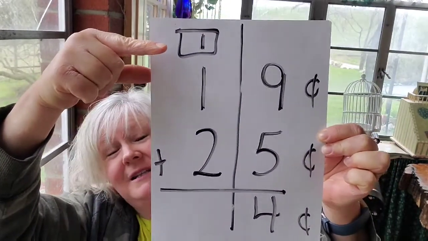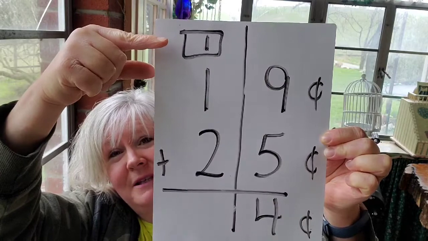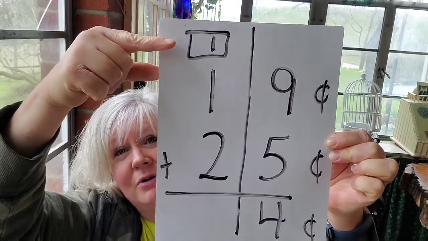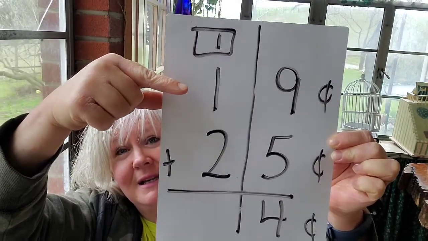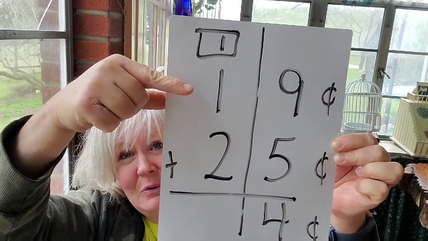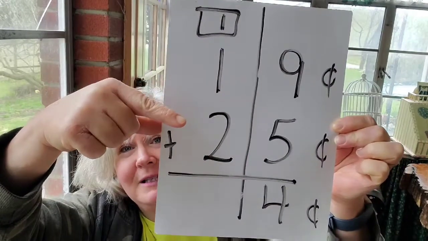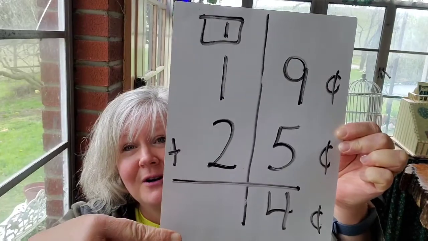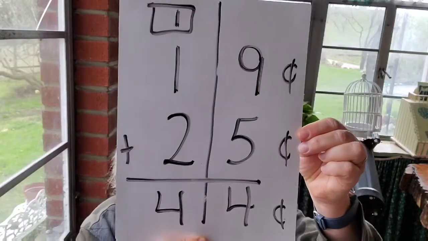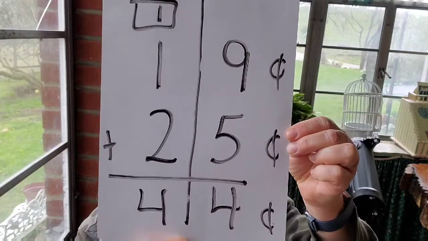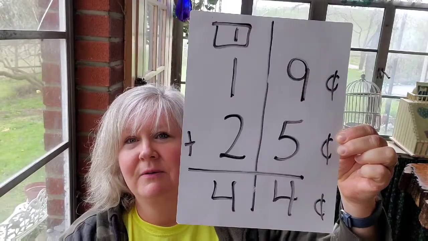We're ready to add the tens, and we start all the way up at the top. Ready? Go down. 1 plus 1 is 2, and 2 plus 2 is 4. Answer is 44 cents.